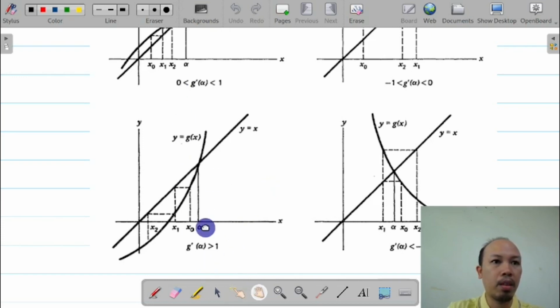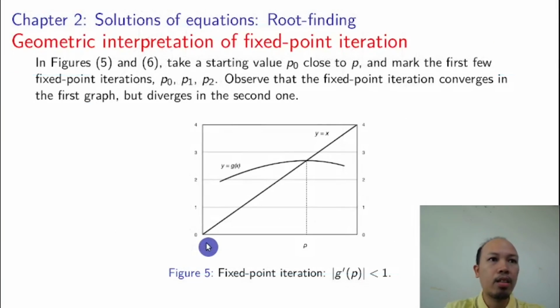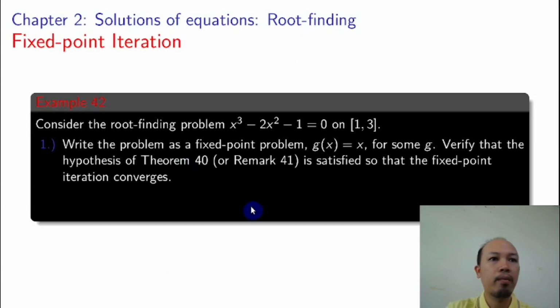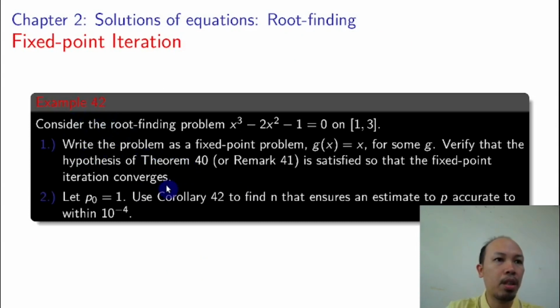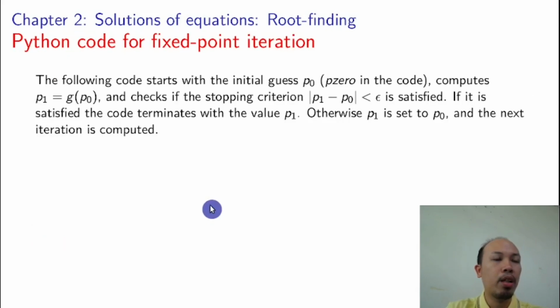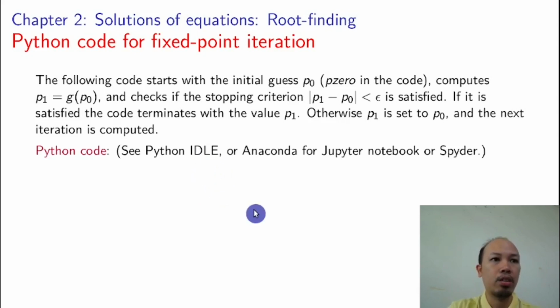It depends upon the value of the derivative. So that's it for the geometric interpretation of the fixed point. Since we are already done with the solution of example 42, we are now going to create a Python code for the fixed point iteration.